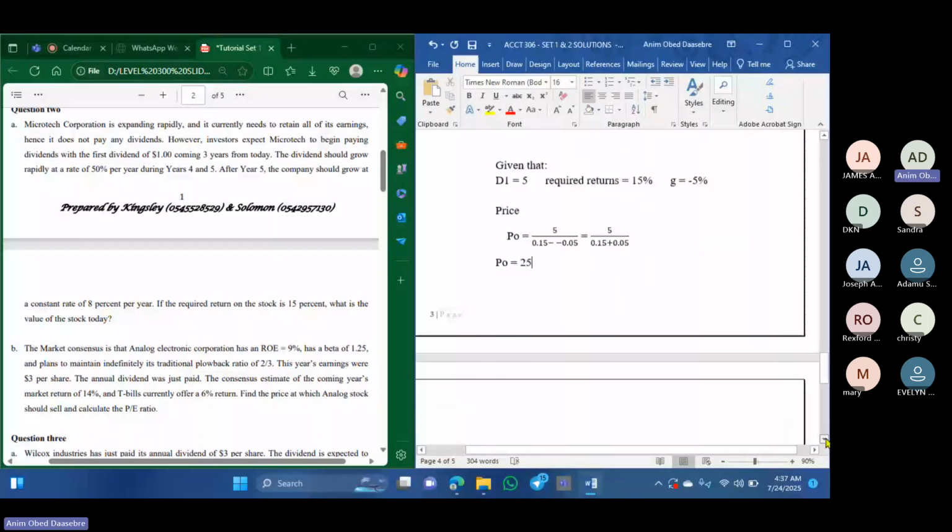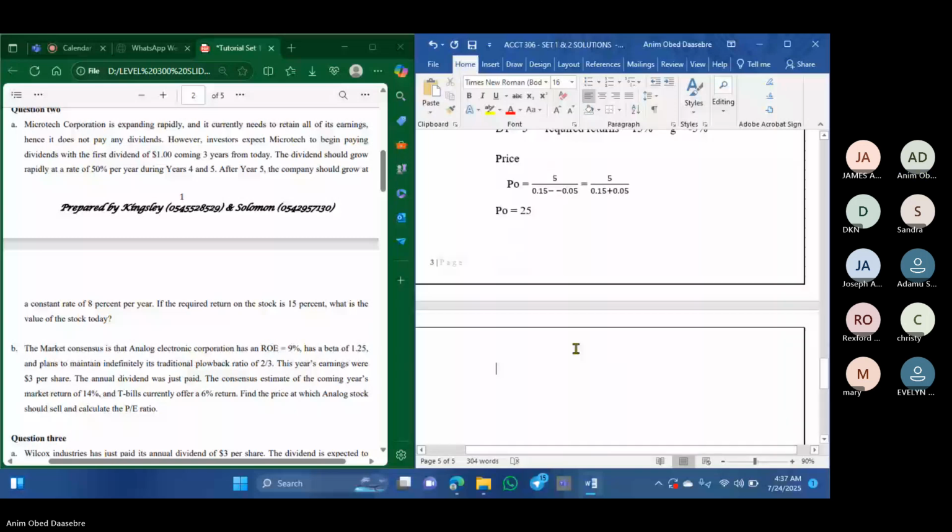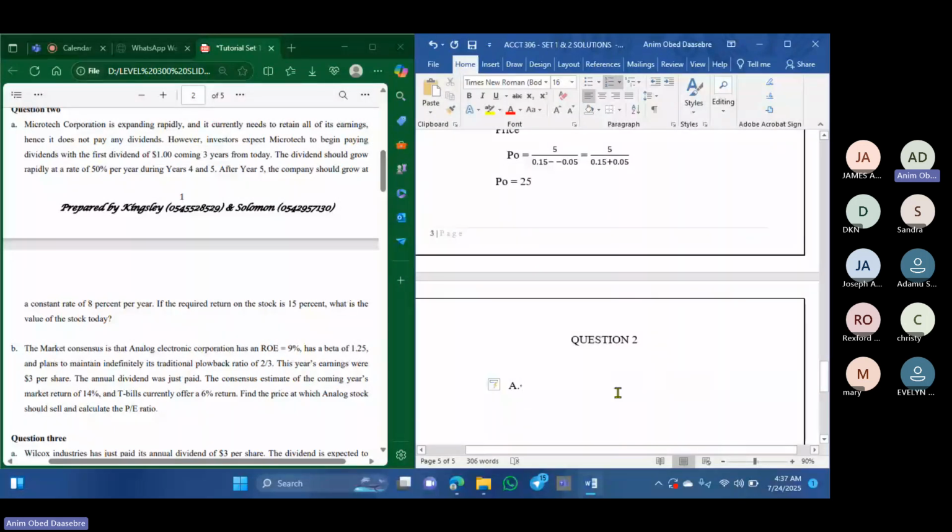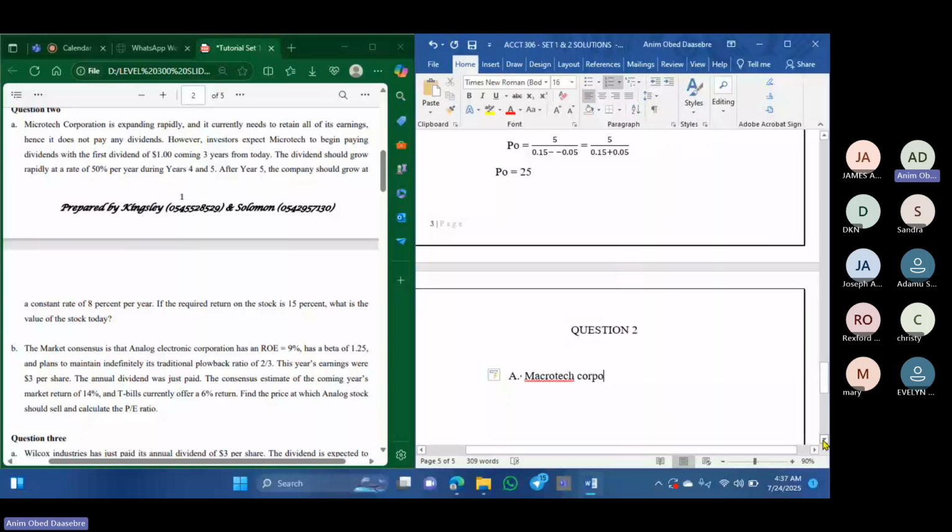So question 2A, Microtech. From the question we are given what?